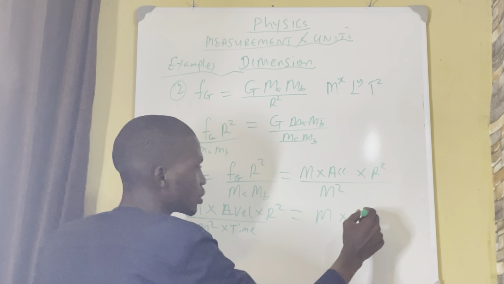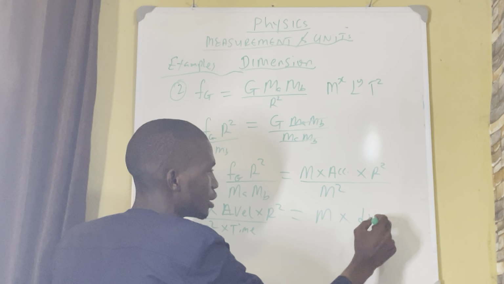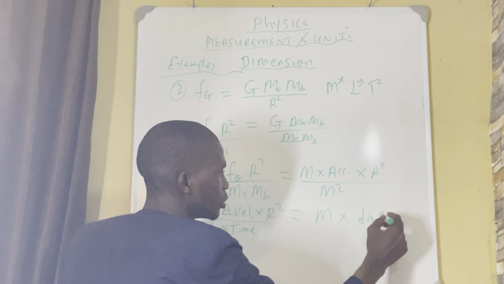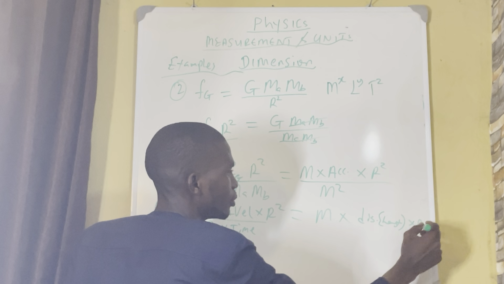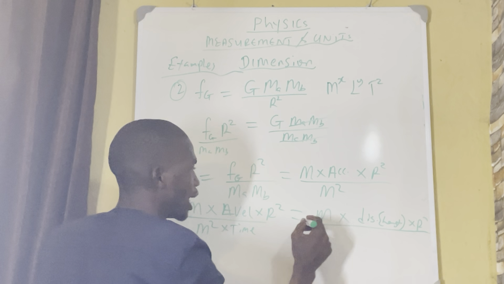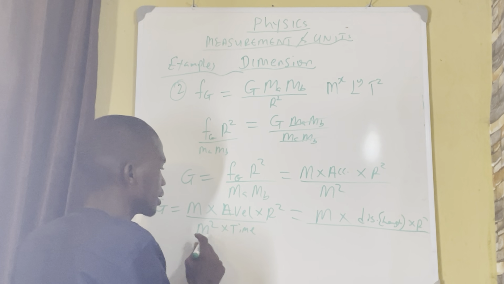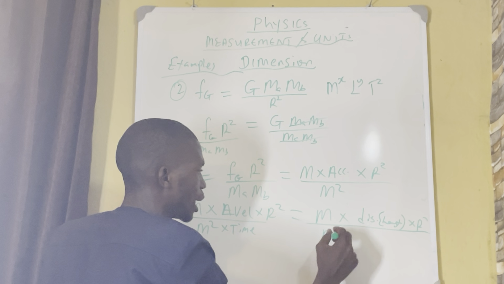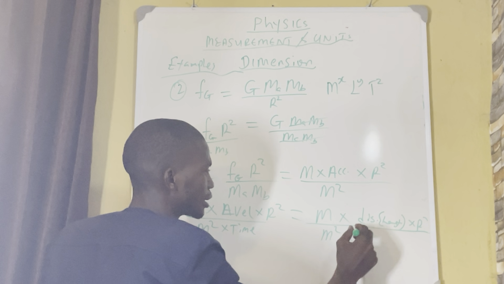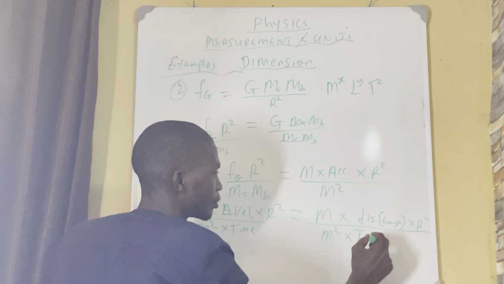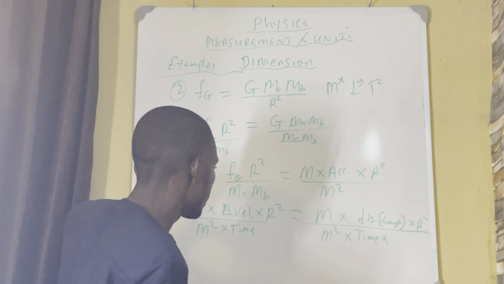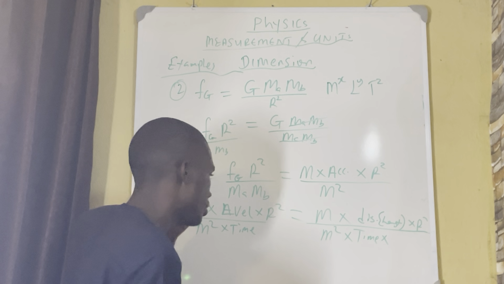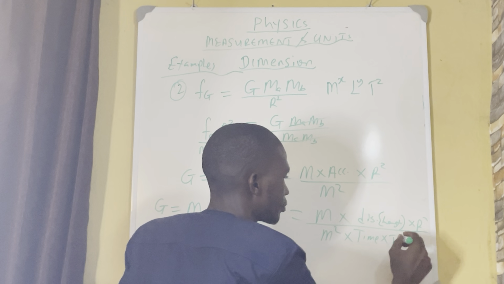Change in velocity is what? Displacement, which is equal to length, times r squared, everything over M squared times time times time.